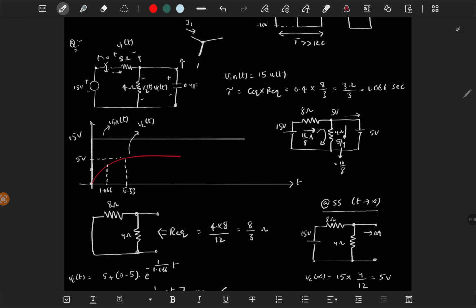This is I1, this is I2, and this is I3. So I1 is equal to I2 plus I3, which means I3 is equal to I1 minus I2. I am saying I2 is increasing.